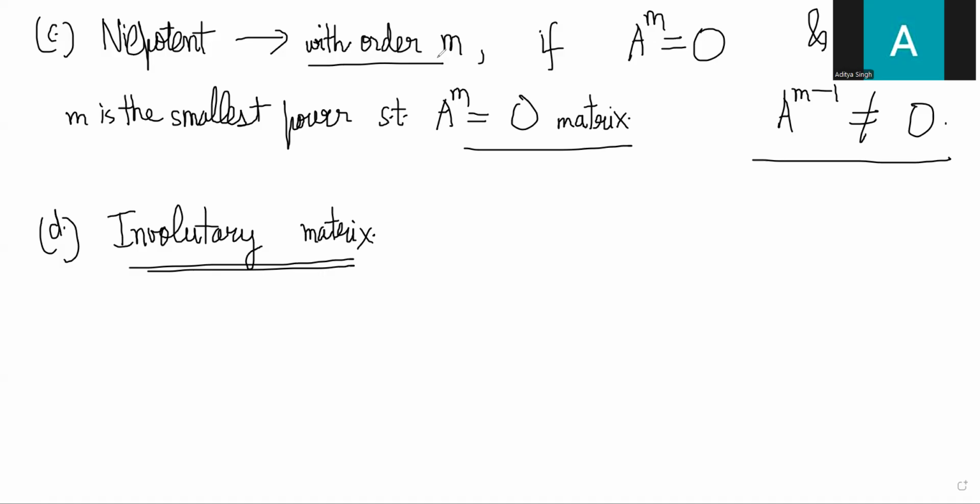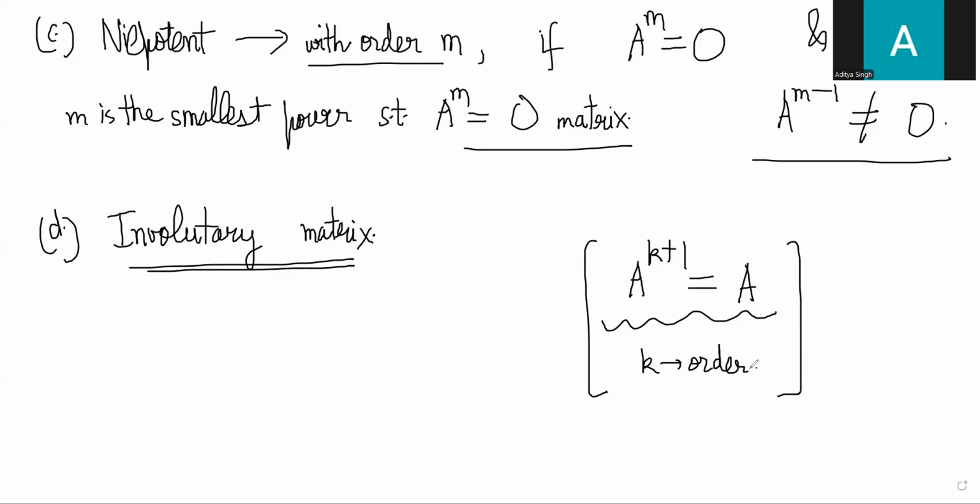Notice that there is a slight difference between the definition of order here and the definition of order in the periodic matrix, right? Yes, sir. What is the slight difference and why do you think there is that difference? The slight difference is here a power k plus 1 was equal to a, right? Yes, sir. And there k was called the order, right? I was referring to the periodic matrix. Now the reason k is called the order is because you have to match it to a, right?